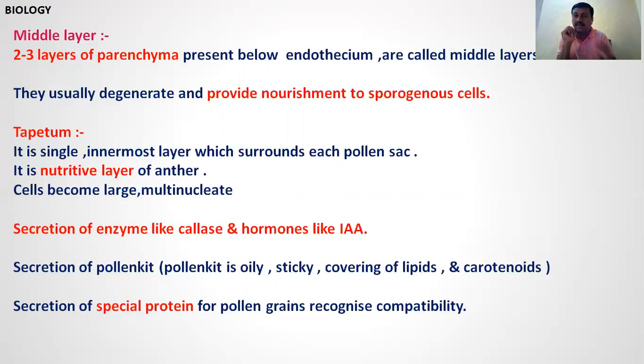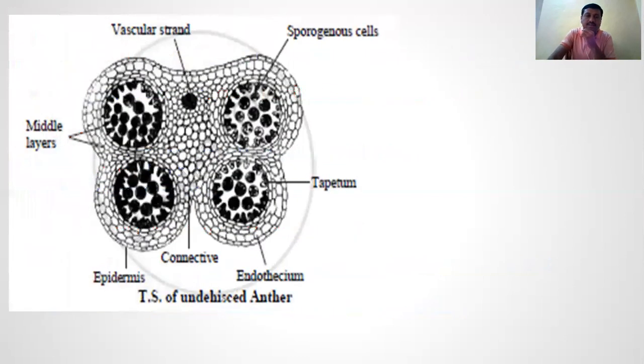ज्यानंतर एकदा न्यूट्रेटिव्ह लेयर्सने पोलन ग्रेन डेव्हलपमेंट होण्यासाठी जी एनर्जी प्रोव्हाइड करणार आहे ती एनर्जी प्रोव्हाइड करण्यात झाल्यानंतर हा स्टॉप करणार आहे आणि त्याच्यानंतर ह्या सगळ्या सेल्स आहेत मिडल लेअरच्या डिजनरेट होत आहेत, रिमूव्ह होत आहेत, कारण की त्यांचा रोल संपला.